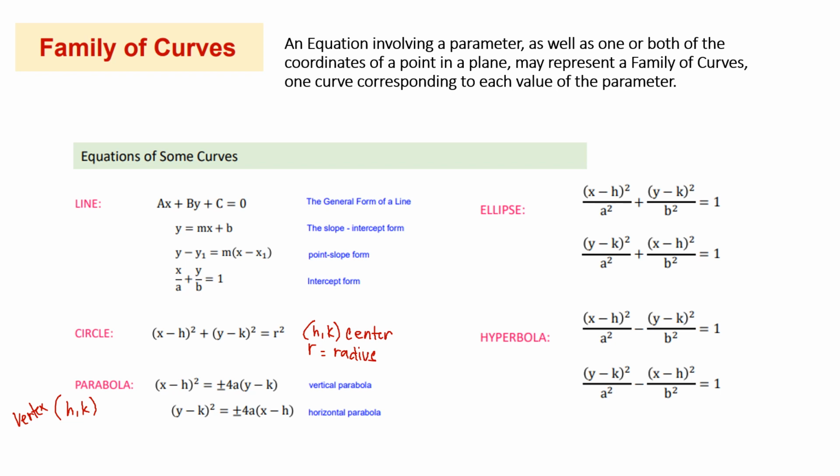Again, for our ellipse, h and k are also the x and y coordinates of the center of our ellipse. And then for the hyperbola, this is the equation. Okay, so now we move on to our next slide.